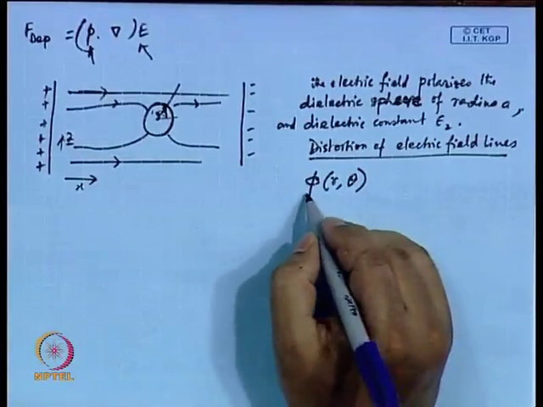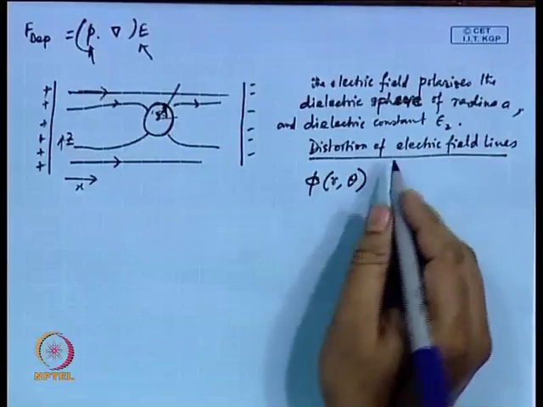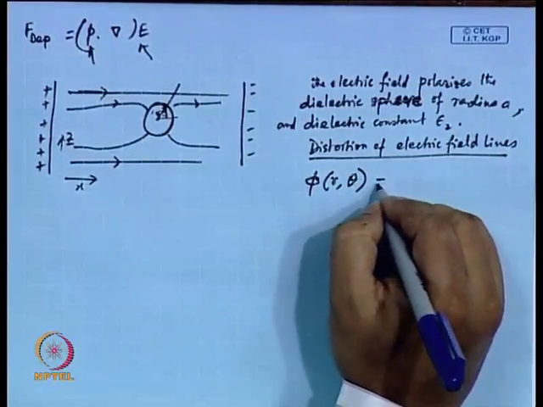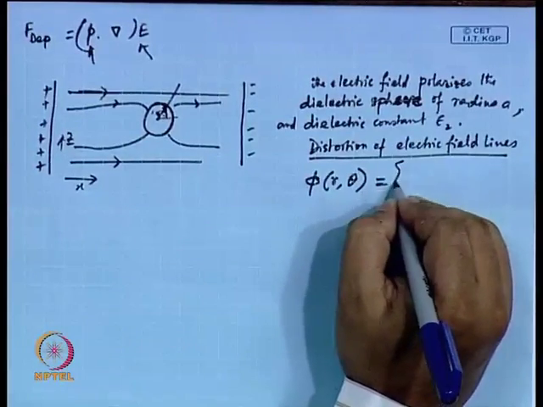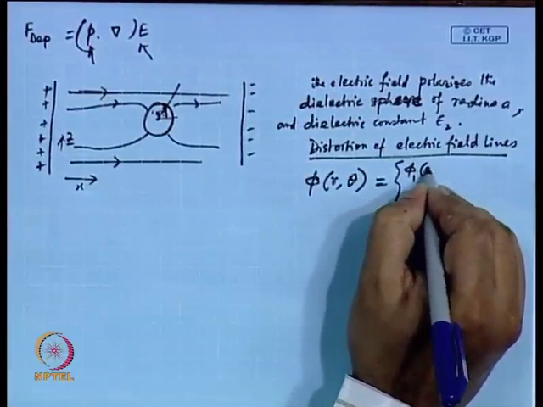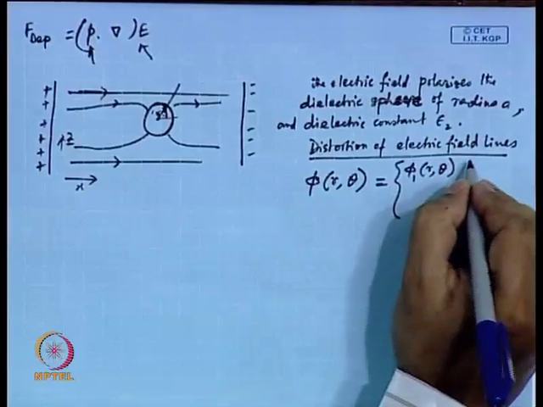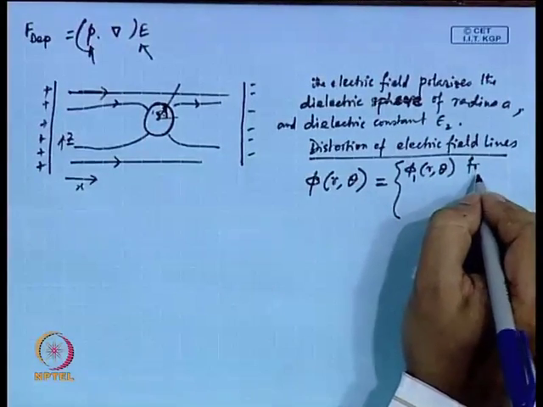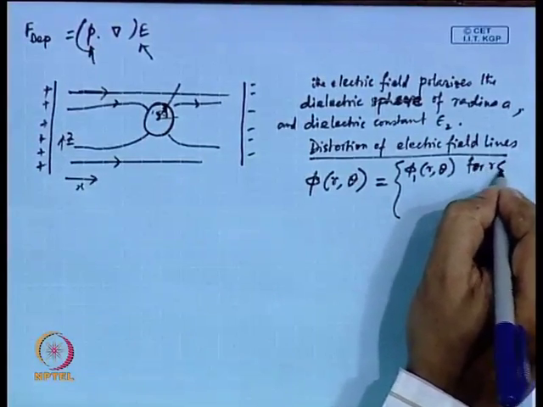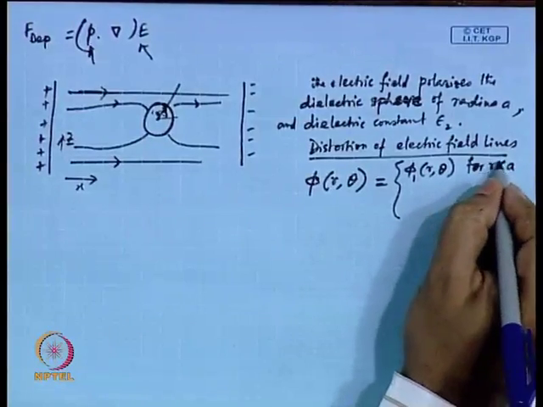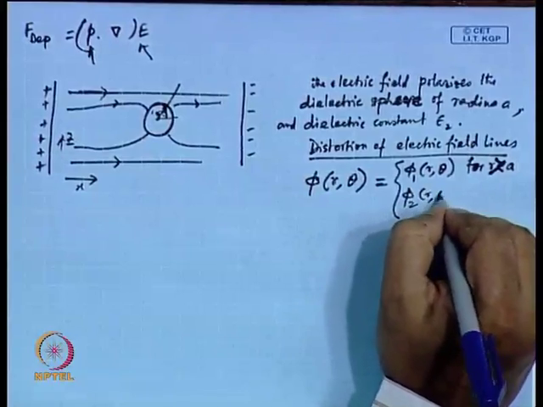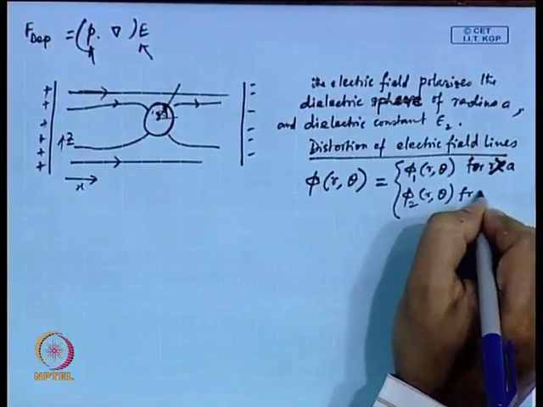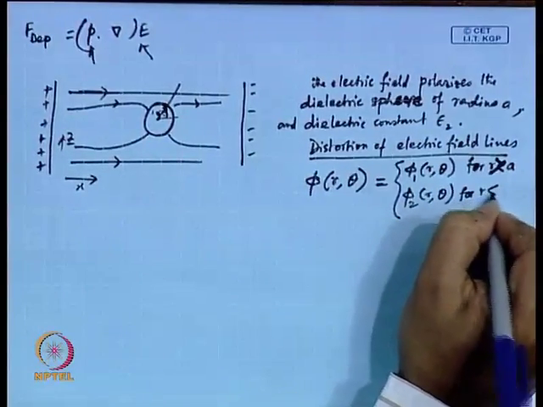If we go to this phi r theta coordinate system, we have to note that this would be equal to phi 1 r theta for r greater than a, and phi 2 r theta for r less than a.